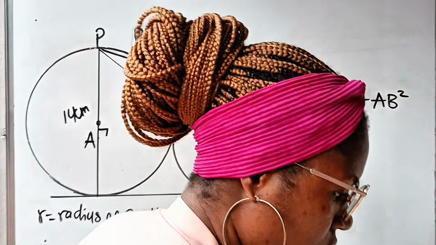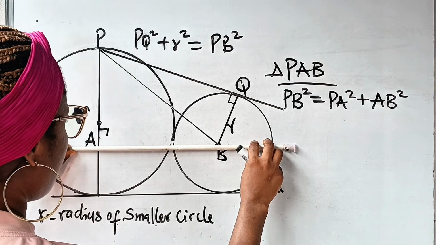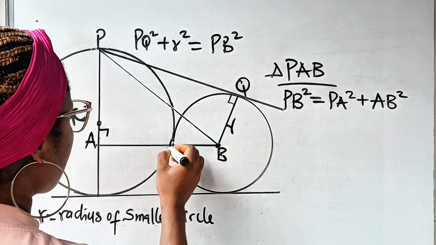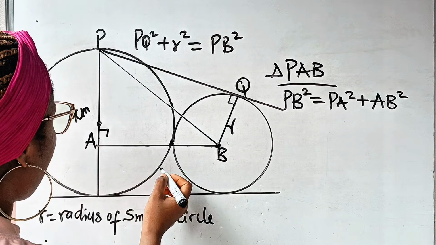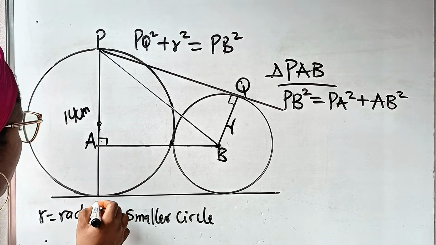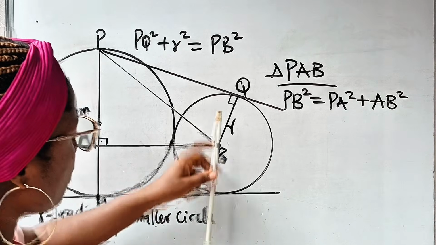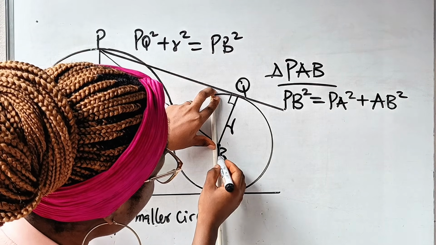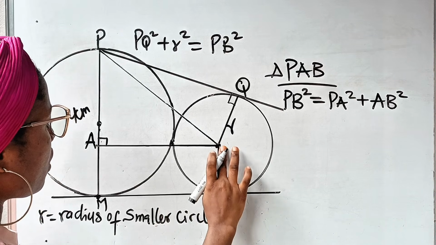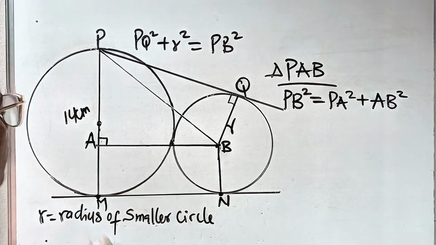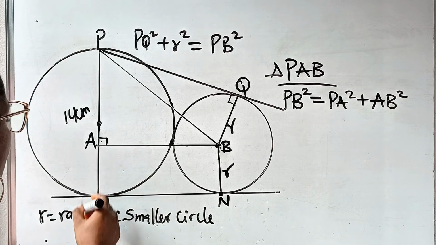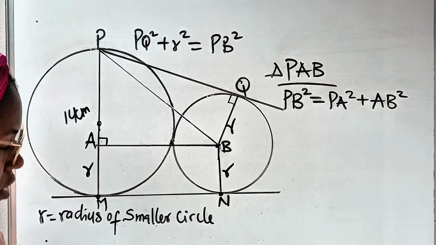I'll try to see how real I can make this look. Now, this is 90 degrees here. If you look at A, let's call this point M, and let's join this down and call this point N. Now, BN is the radius of the smaller circle, therefore AM is also the radius of the smaller circle.